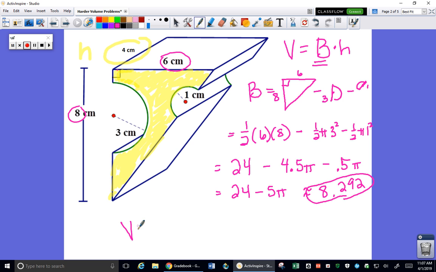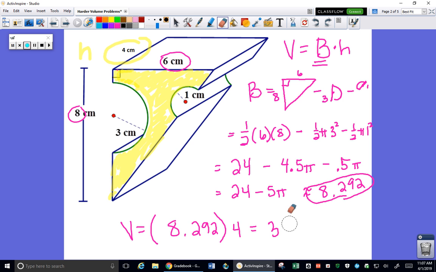So now I can do my volume, which is the area of my base, 8.292, times my height of 4, and I have a total volume of 33, sorry, I looked too far ahead. That's the highlighter.